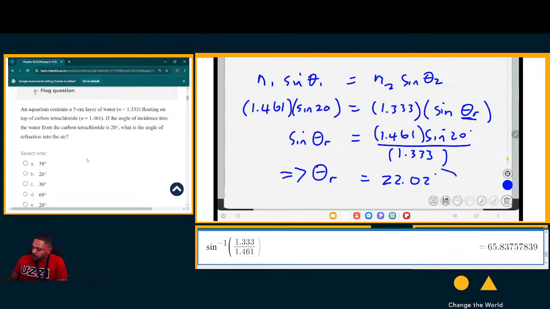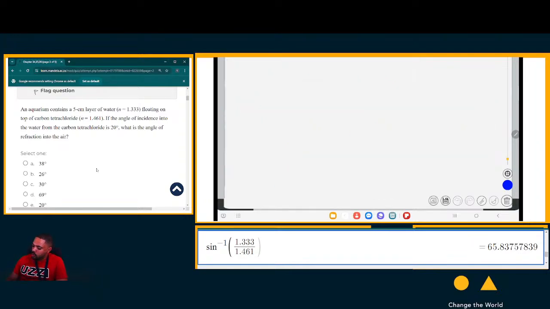Now this angle of refractance becomes the new angle of incidence between water and air. So now it's between water and air. N1 sine theta 1 equals N2 sine theta 2. So N1 for water is 1,333.